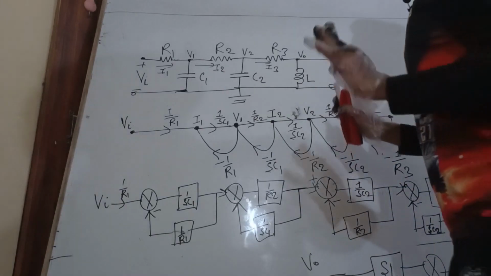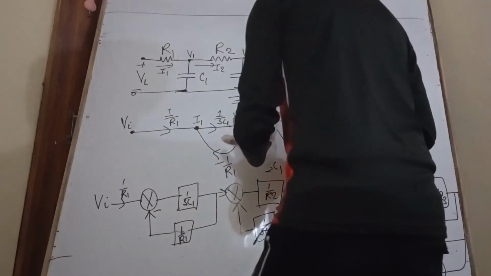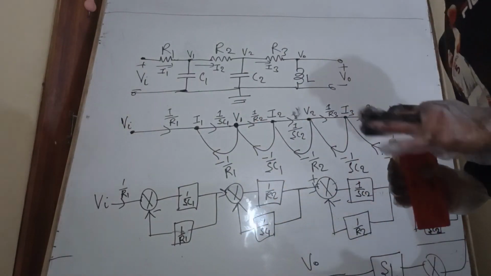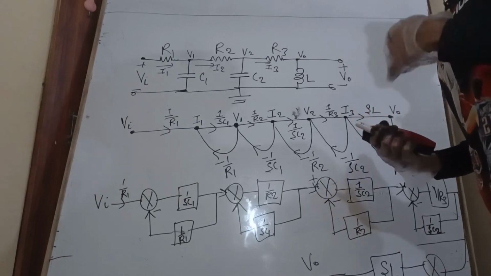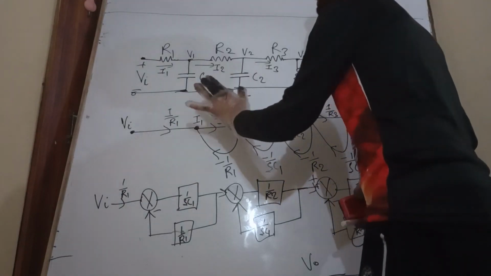So this is the way to visualize it properly, because first a general method is required, and only then are we able to understand it.